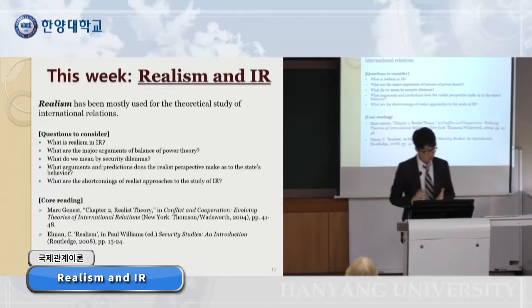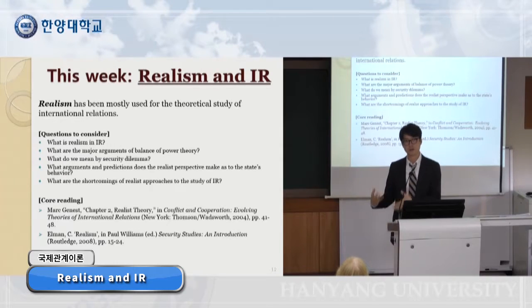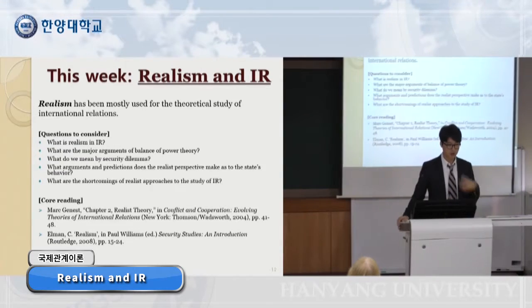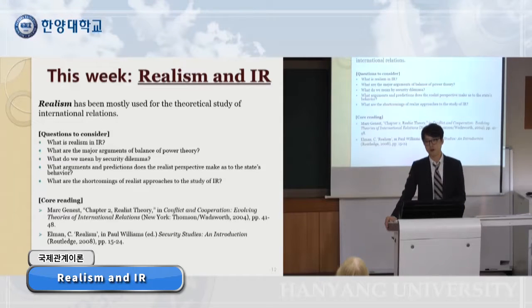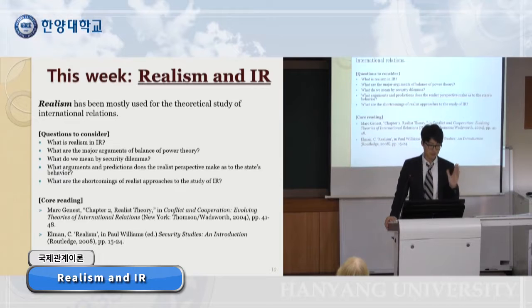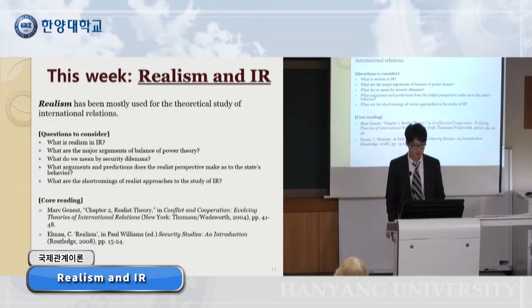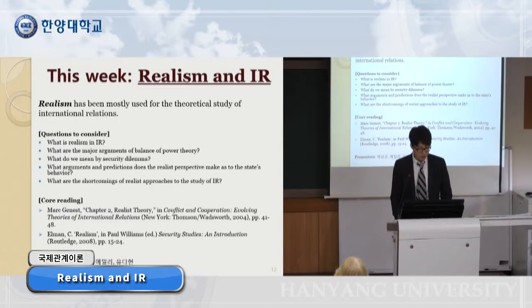It's a more detailed analysis of what realism is and how realism has evolved throughout the history of the Cold War, especially, right? The evolution of realist thought. That's the key issue addressed by Colin Elman's paper entitled Realism, right?